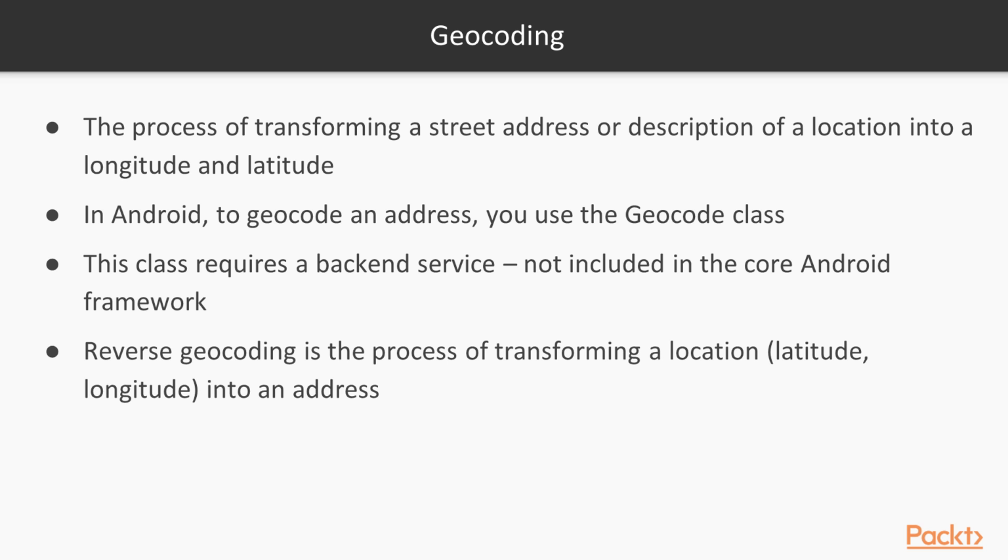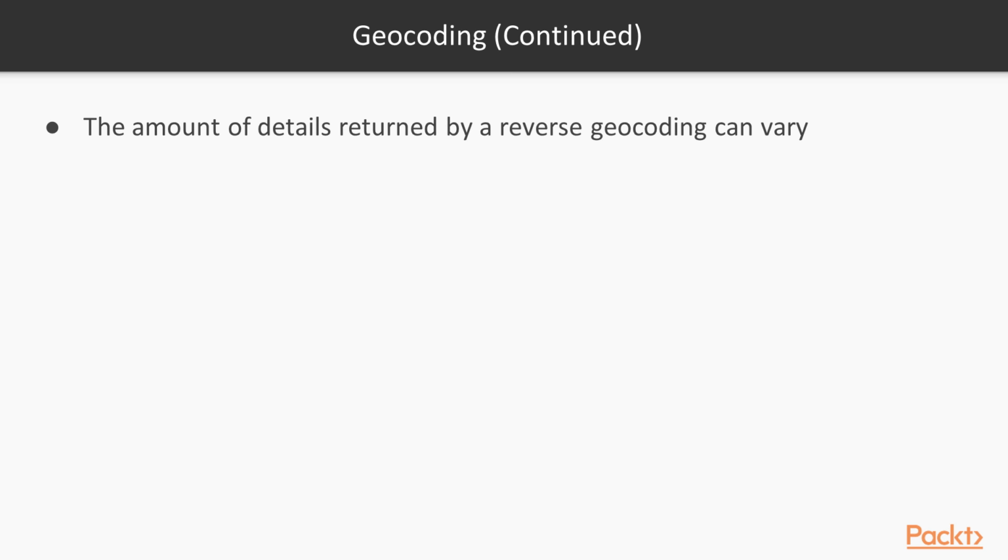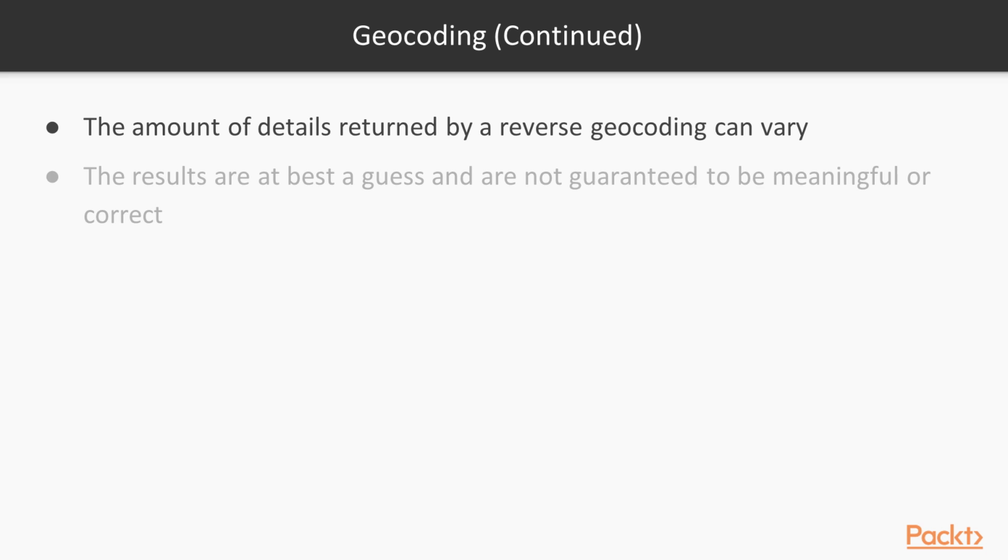Now, reverse geocoding is the process of transforming a location into an address, which makes sense, being that geocoding is taking a street address or description and turning it into a location. Now, with that being said, reverse geocoding has a little bit of an asterisk next to it. The amount of data returned by reverse geocoding can vary, and the results are best guesses.